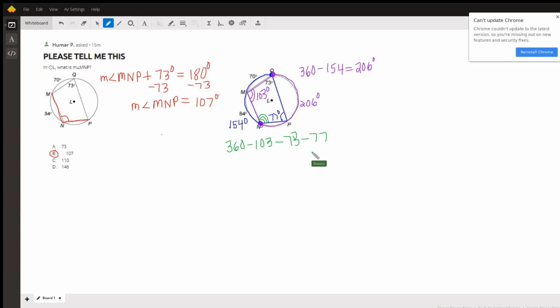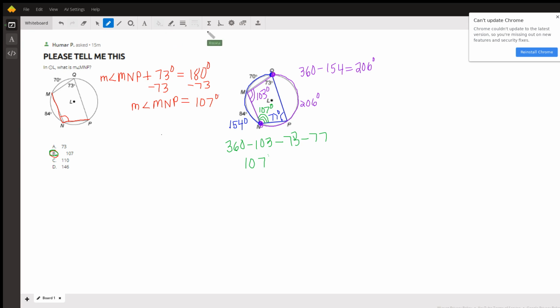So if you put that in your calculator, you should get 107, which is true. So just check that on my calculator. So the measure of this angle is 107 degrees. And you see that we get the same answer. Again, another longer way to figure that out.